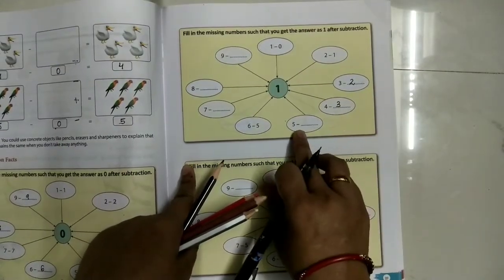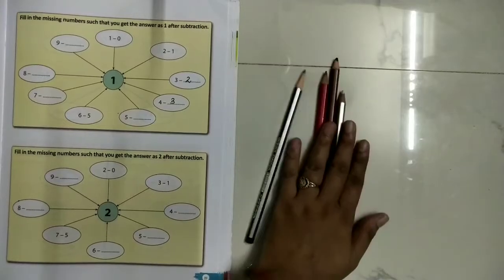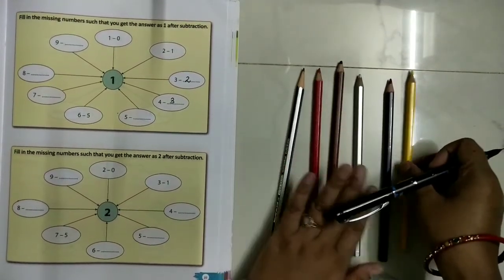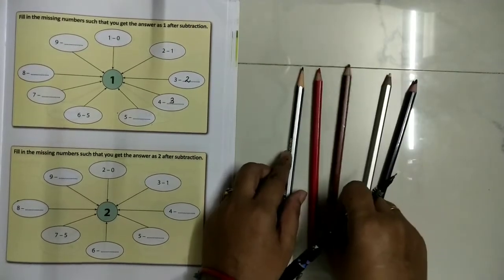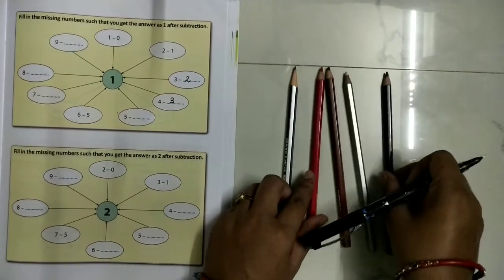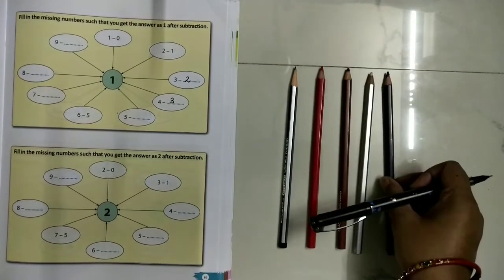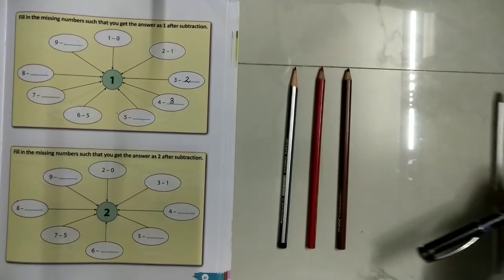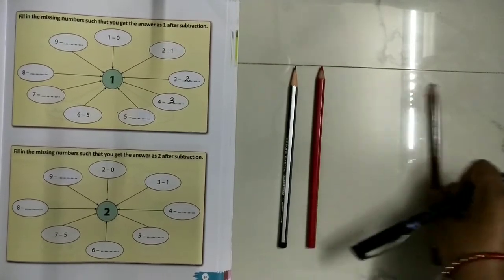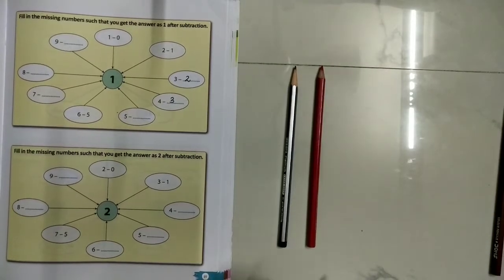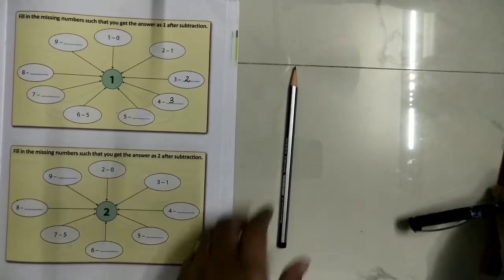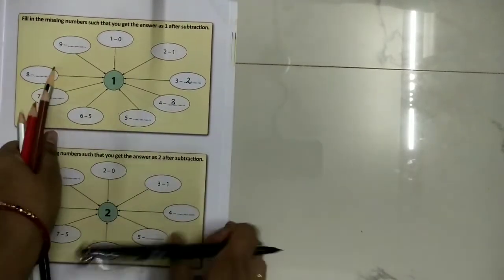Now 5 minus what? Here we have 5 pencils and we want the result 1. How many pencils do we have to take away from 5? When we take 1 pencil, it will be 4. When we take 2 pencils, it will be 3. When we take 3 pencils, it will be 2. When we take 4 pencils, it will be 1. So 5 minus 4 is equal to 1.